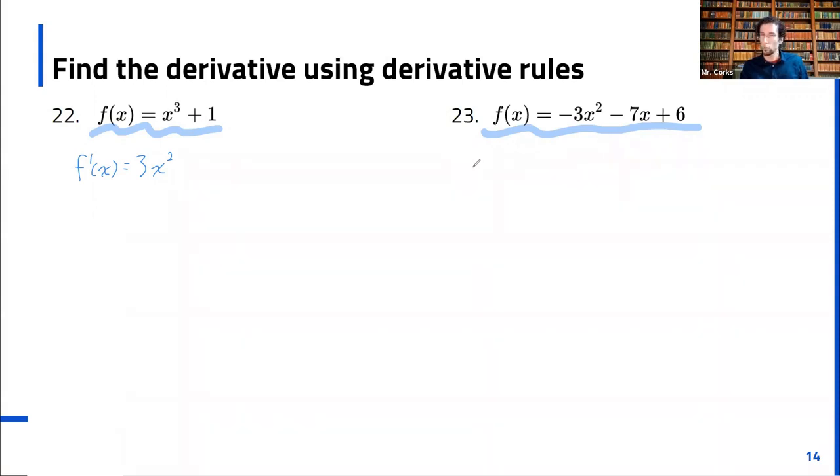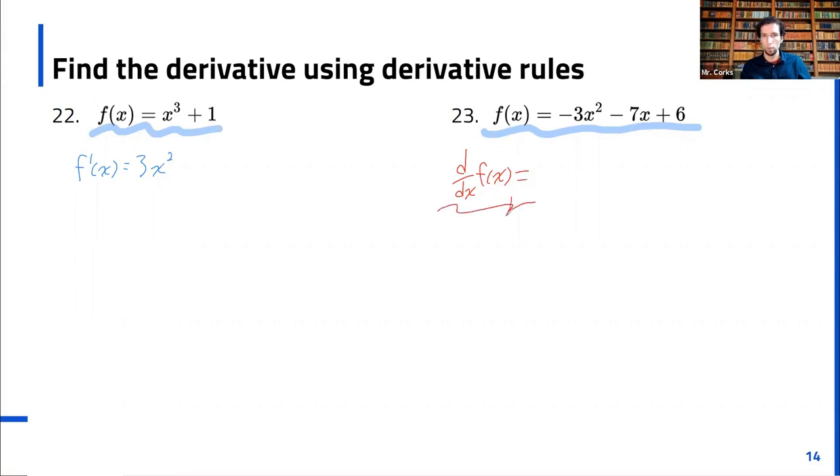Let's do our next one. And I showed you some different notation in either yesterday's or today's class, depending on your section. So let's get used to some of that as well. We saw this dy, or this is f of x, so I guess we write it this way: d over dx of f of x.